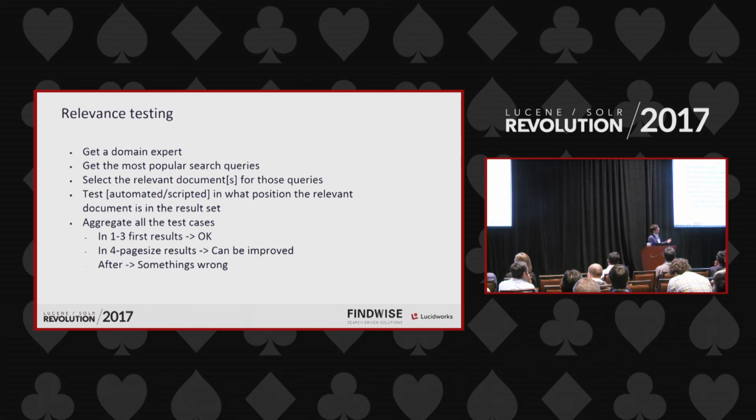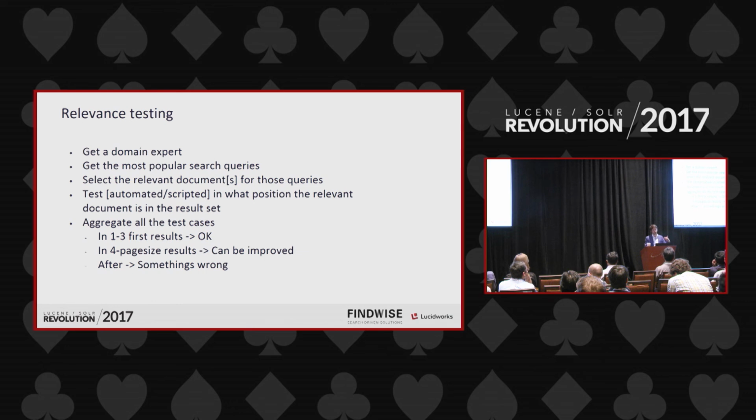You're going to use your signals and your tracking of the user behavior to draw in the most popular queries, and you're going to try to figure out what's the most relevant document for each one. And since that is the set of queries that the users are going to experience the most, it's a good starting place to evaluate how your changes on the relevance model affect the relevance, especially for those more common results.